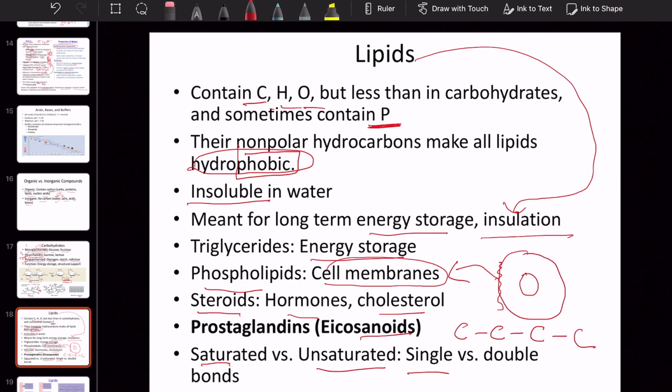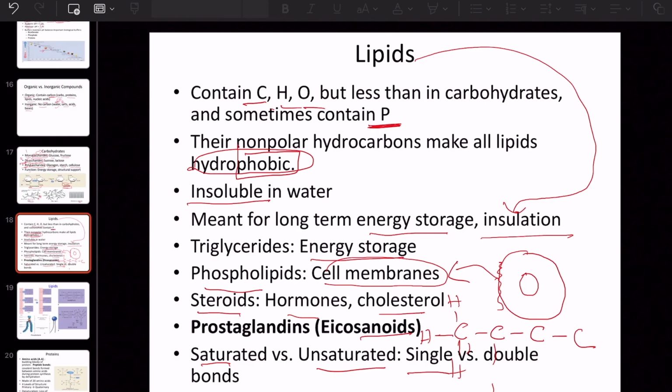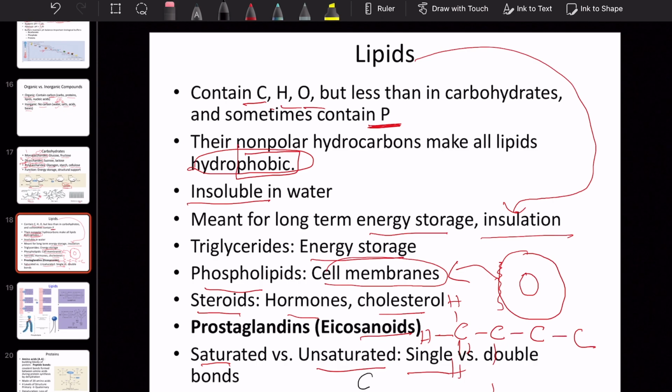All this carbon in a single chain is saturated with hydrogen. Unsaturated fat has a double bond.